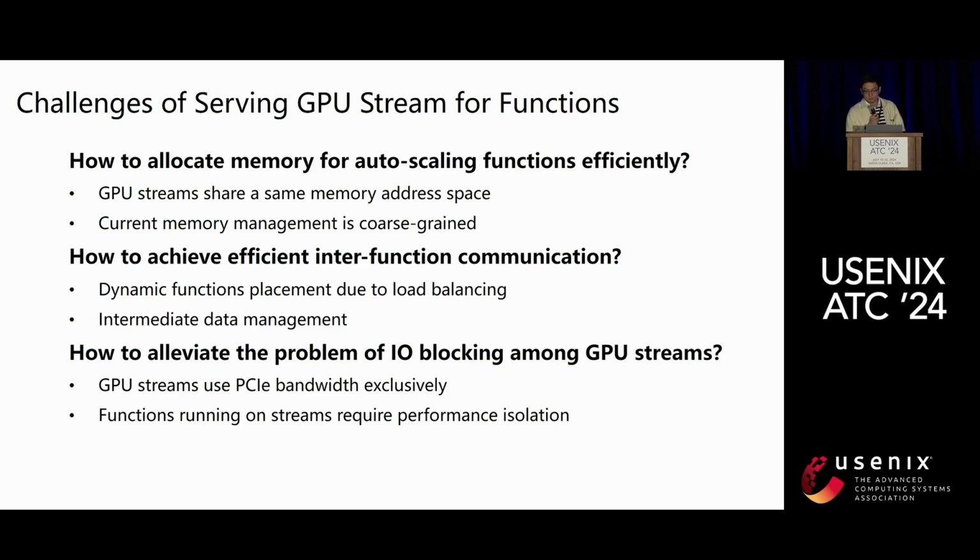Because concurrent memory management is coarse-grained, it leads to delays and unnecessary GPU memory retention. For example, existing memory management systems like PyTorch establish a static memory pool to cache released memory, which can lead to excessive memory usage when running multiple functions in a shared memory space.